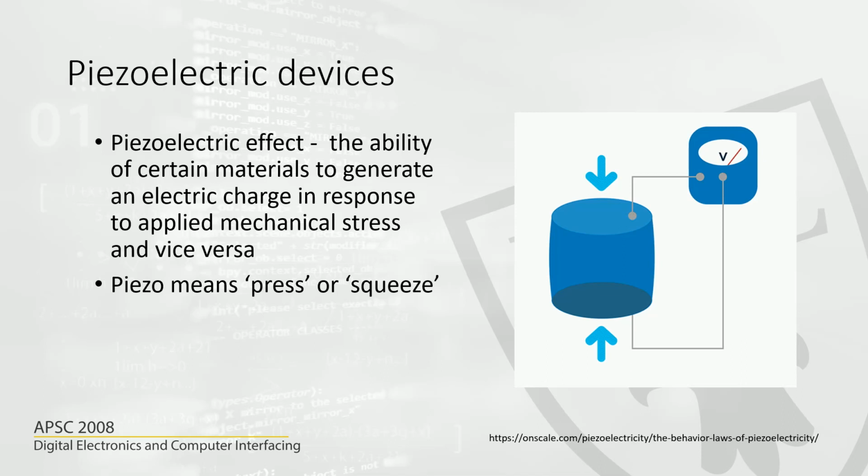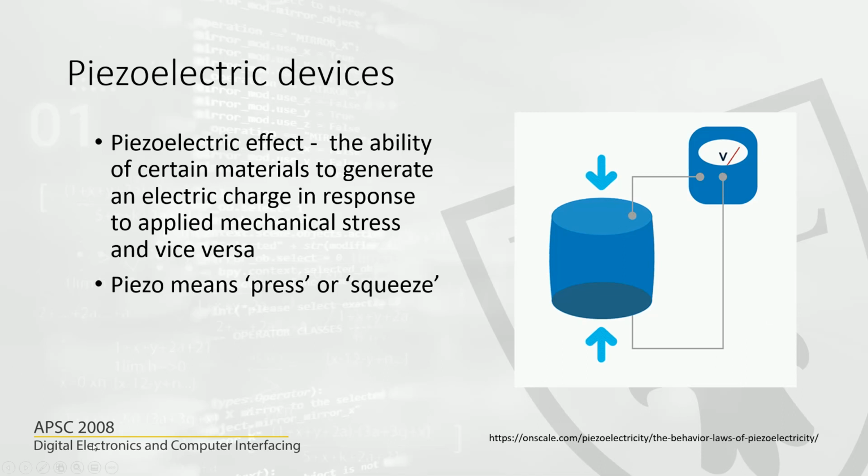For example, a microphone and a loudspeaker. The microphone converts mechanical vibrations into electrical energy, and in a loudspeaker the electrical energy is converted into mechanical vibrations. That's what happens in a piezoelectric device.